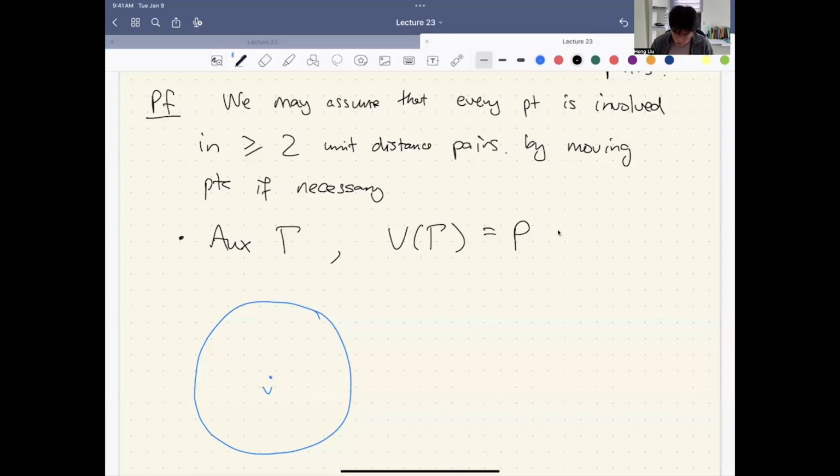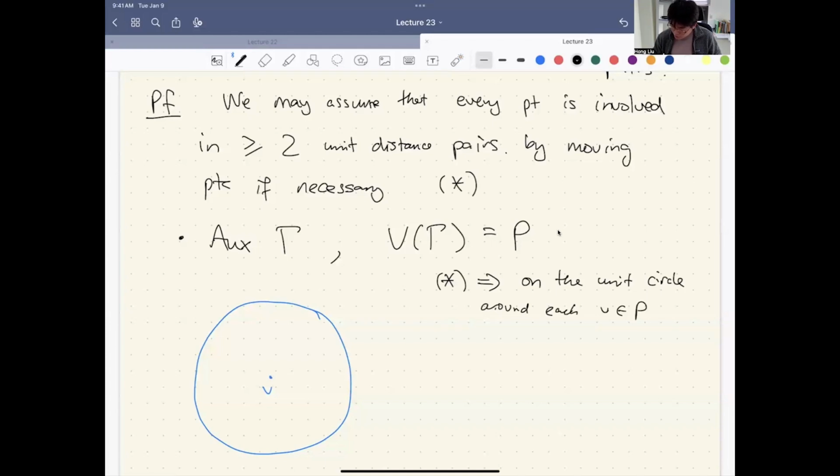So this implies that on the unit circle around each V in P, there are at least 2 vertices. Okay, so you have at least 2. So maybe in this case, I have 3.